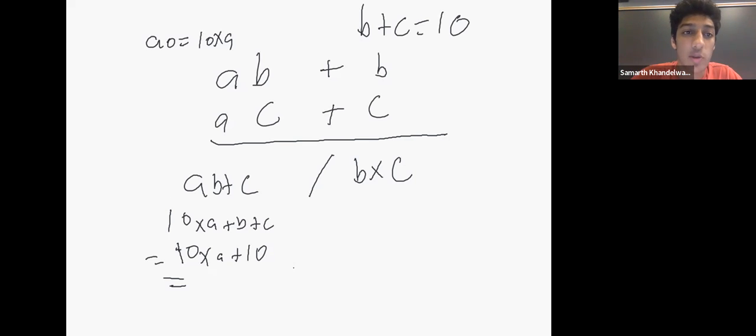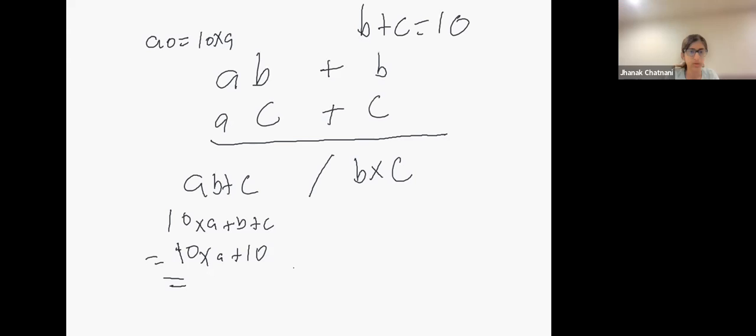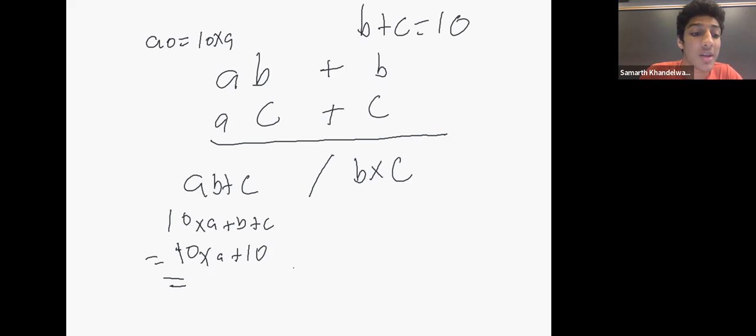And A is a digit between 1 and 9, or it could be 0 as well, but 0 is boring. So we have a number of tens that is a digit A, right? And if you add one more, how many tens do you have? A plus 1, that's exactly correct. You have A plus 1 tens.